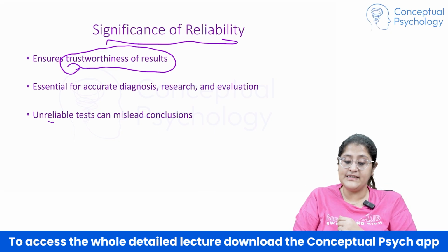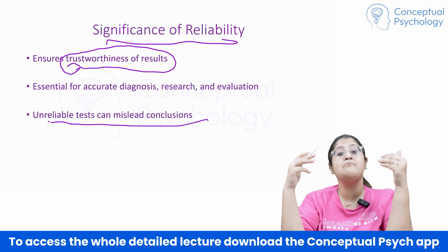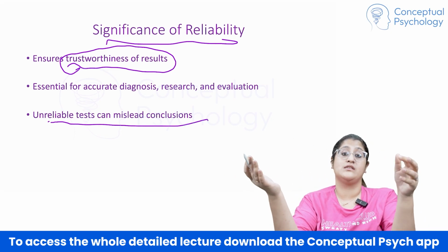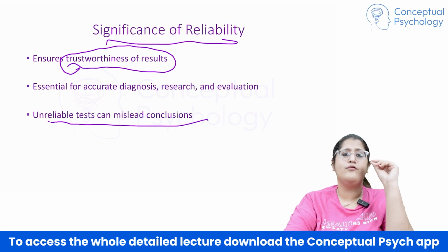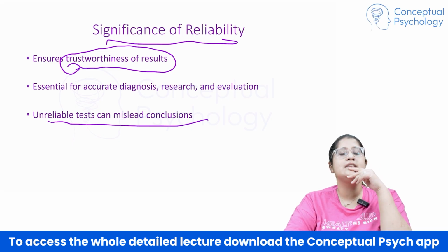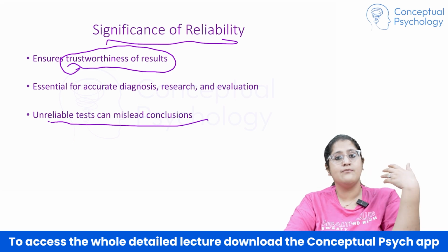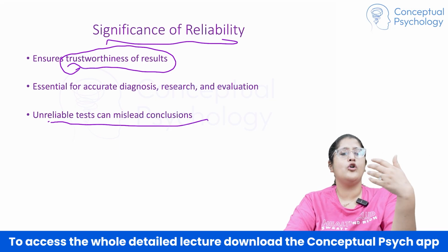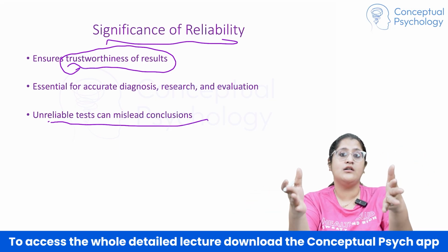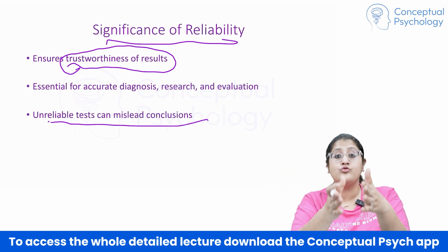Now, unreliable tests can mislead conclusions. This is, of course, an obvious point. If a test fails to show similar results, you cannot conclude or funnel down to an answer.